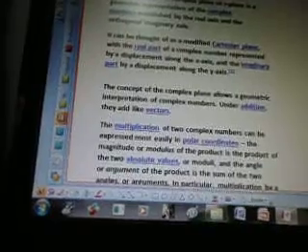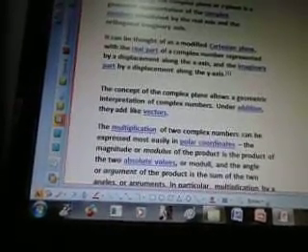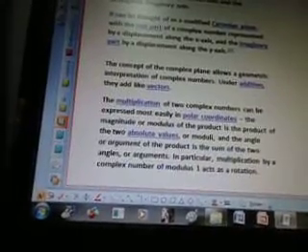The concept of the complex plane allows a geometric interpretation of complex numbers. Under addition, they add like vectors. The multiplication of two complex numbers can be expressed most easily in polar coordinates. The magnitude or modulus of the product is the product of the two absolute values, or moduli, and the angle or argument of the product is the sum of the two angles or arguments. In particular, multiplication by a complex number of modulus 1 acts as a rotation.